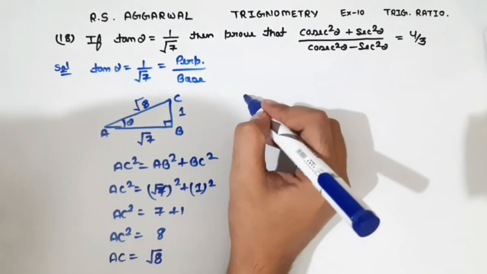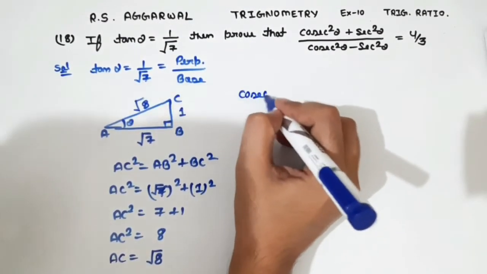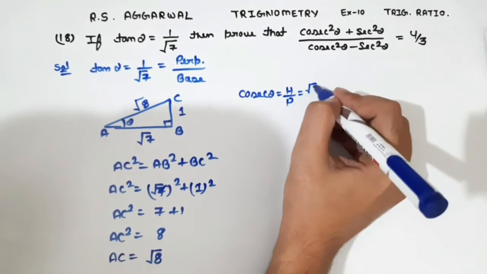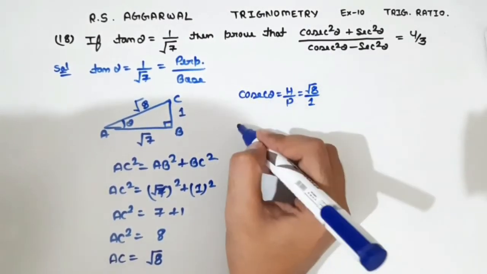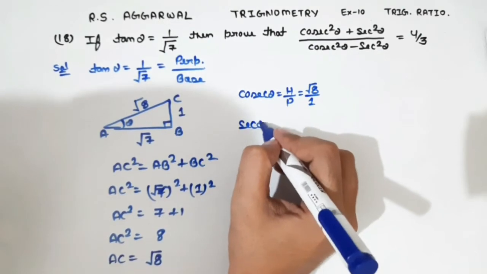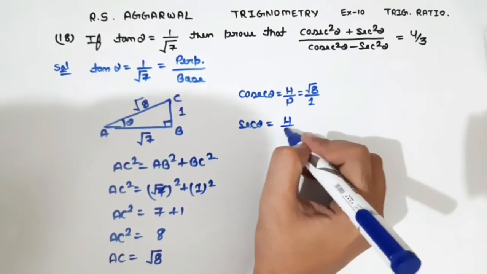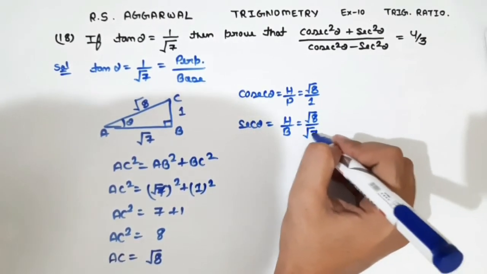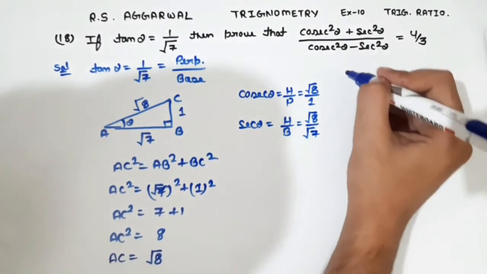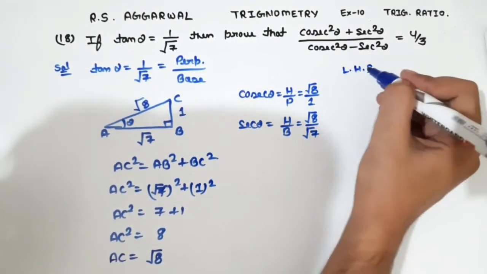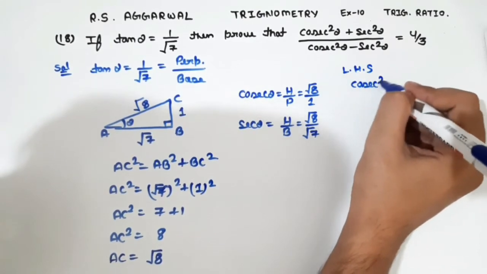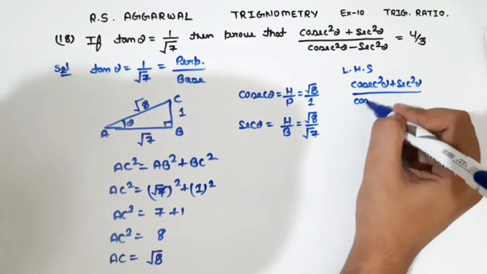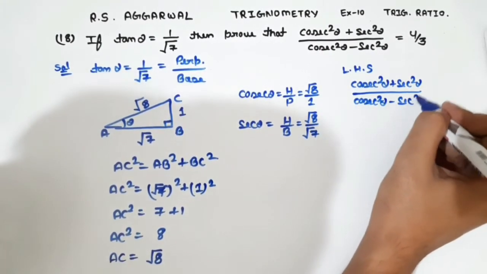So we know cosec theta is given by hypotenuse upon perpendicular. So our hypotenuse is √8 and perpendicular is 1, and sec theta is given by hypotenuse upon base. So that will be equals to √8 upon √7. So now from LHS, that is (cosec square theta plus sec square theta) upon (cosec square theta minus sec square theta).